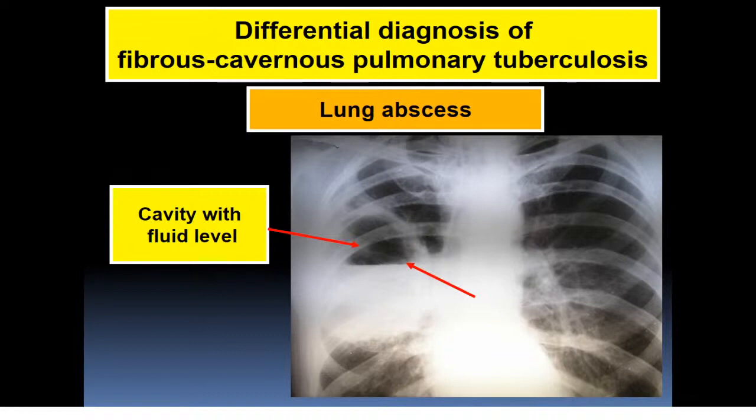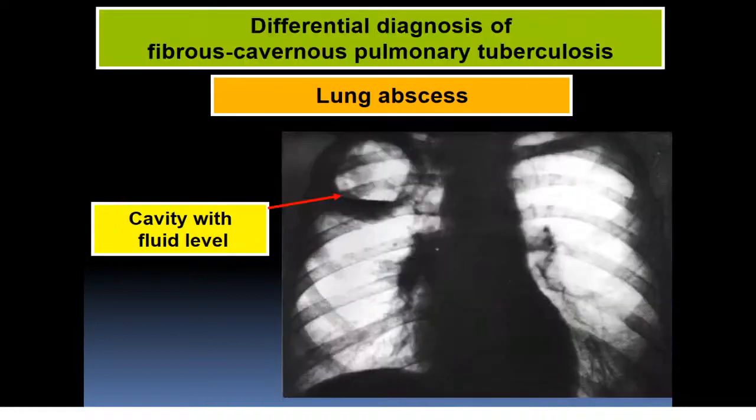Cavinas we can see on X-ray empty more often because tuberculous cavinas have drainage bronchus and contents of cavina can evacuate through bronchus to environment. Here we can see lung abscess also with fluid with horizontal level.